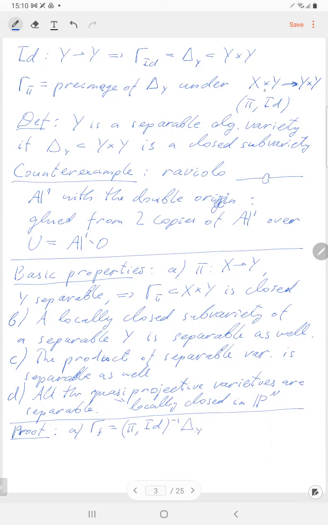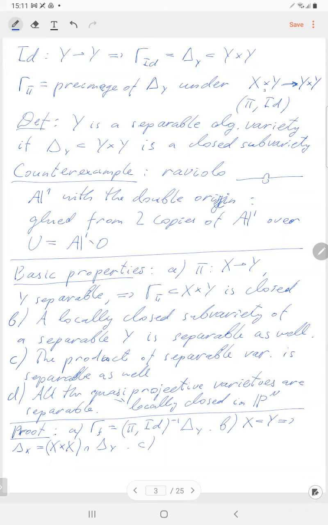So if diagonal is closed, then this preimage is also closed. But by definition of topology. Now the second part again is clear because for a subvariety, say X in Y, we have the diagonal in X is just X times X intersected with diagonal in Y, right? And since delta Y is closed, again, its intersection with X times X is also closed.